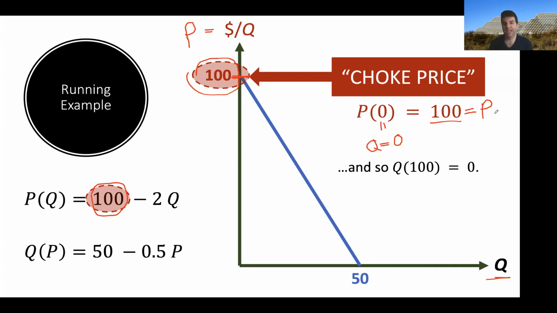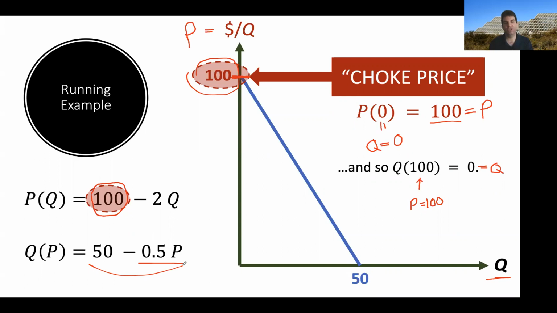And so it should also be the case that if I plugged in a P equal to 100 into my demand function, I should get a Q equal to 0 out. And certainly if I plug in a P equal to 100 there, then this would give me 0 out. They're just two sides of the same coin, the inverse demand and the demand function.